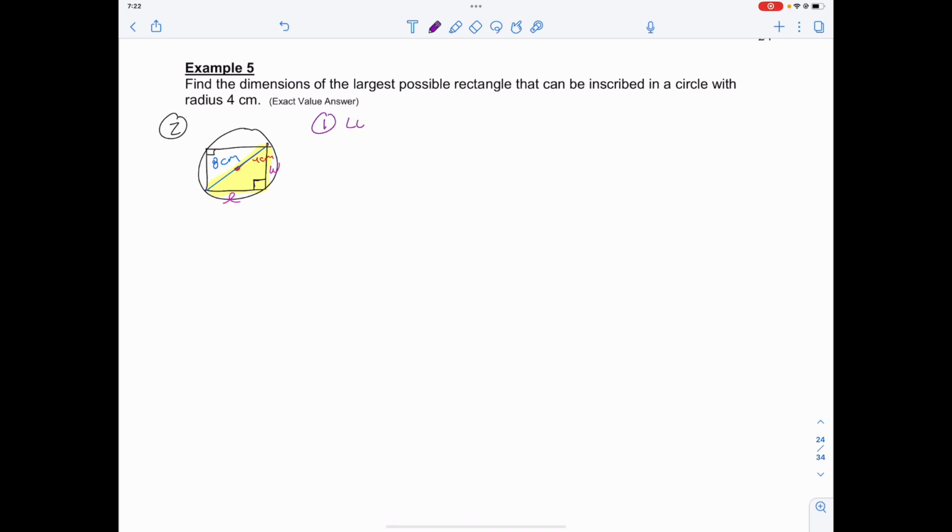So we're going to let L be the length. We're going to let W be the width. And because it wants the largest possible rectangle, the size of the rectangle is going to be based on the area.